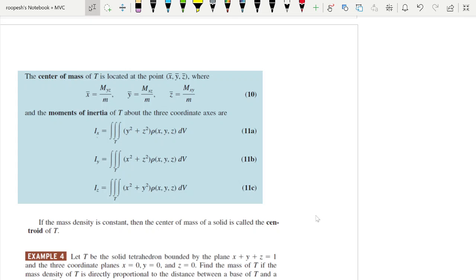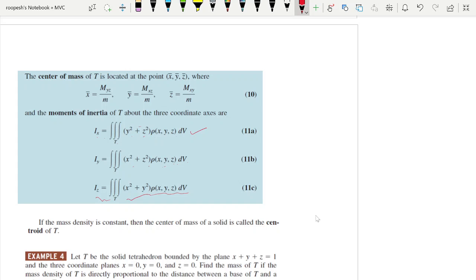The moment of inertia with respect to the x-axis equals the triple integral over T of (y squared plus z squared) rho(x,y,z) dV. This is the moment of inertia about the x-axis. Now about the y-axis, the moment of inertia equals the triple integral over T of (x squared plus z squared) rho(x,y,z) dV, and with respect to z, it is the triple integral over T of (x squared plus y squared).